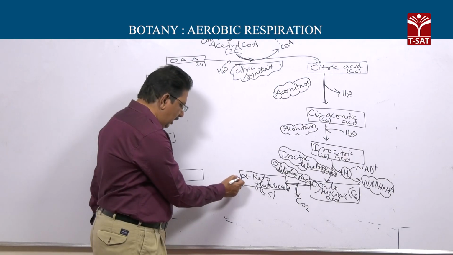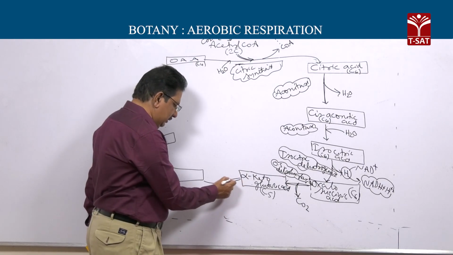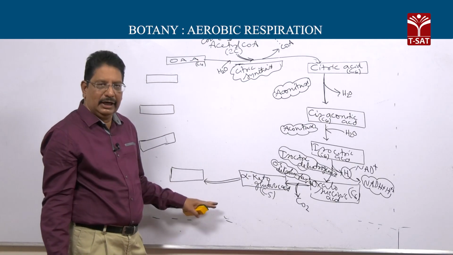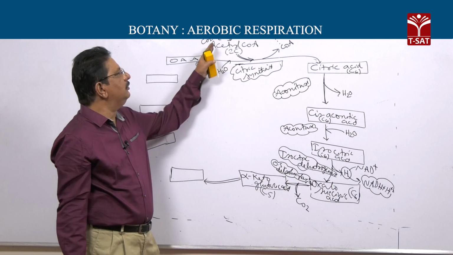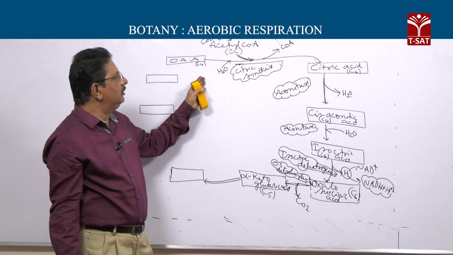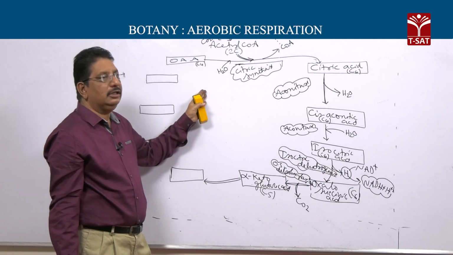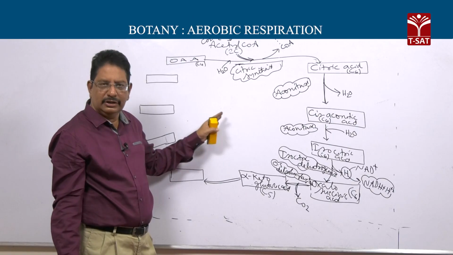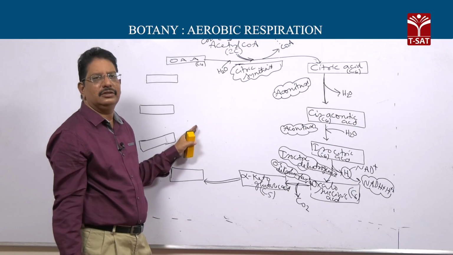Next, the alpha-ketoglutaric acid undergoes a complex set of reactions almost similar to the link reaction. So, already you can see in the link reaction there is a decarboxylation, there is a dehydrogenation, there is a condensation.